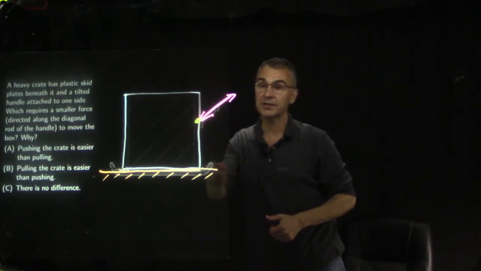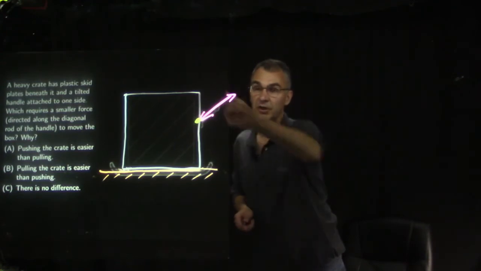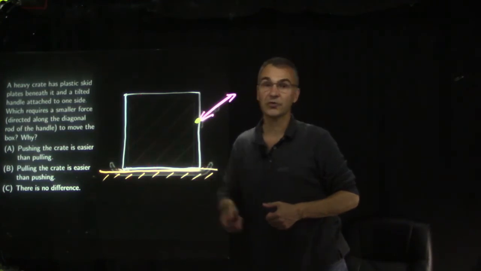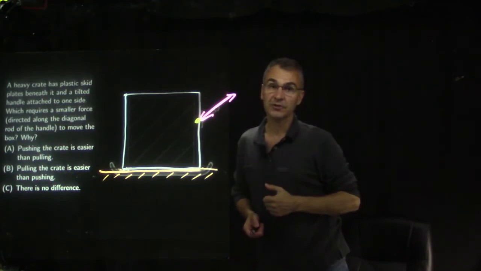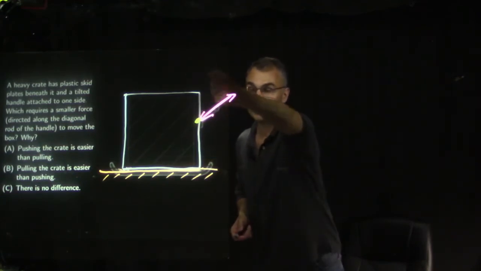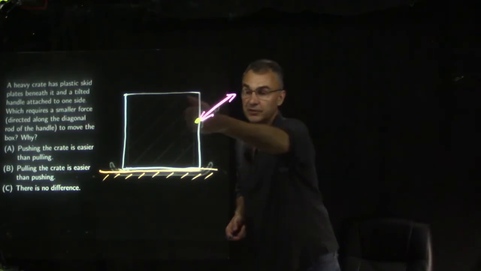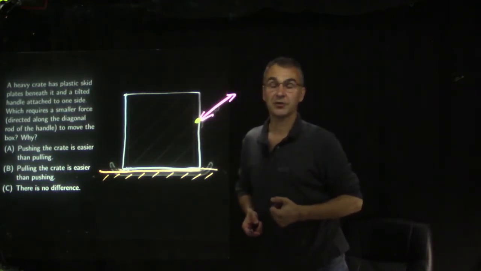And if that component this way, vertically, is upward, then you are somewhat offsetting the downward gravitational force that the normal force has to balance. So I think you are somewhat going to reduce the friction between the box and the surface, because this slightly upward component of your pull is going to make the friction correspond to the friction of a slightly lighter, less heavy box.